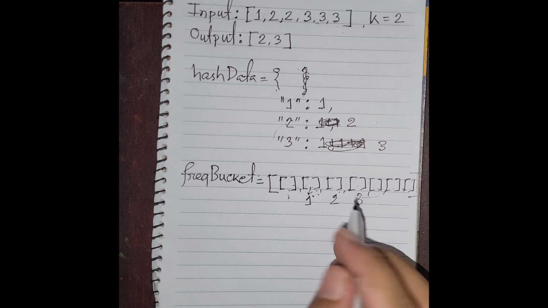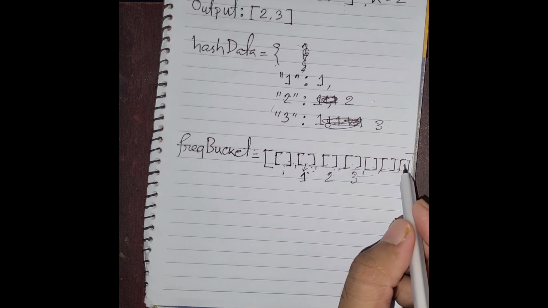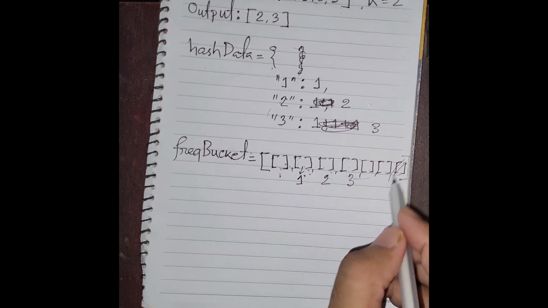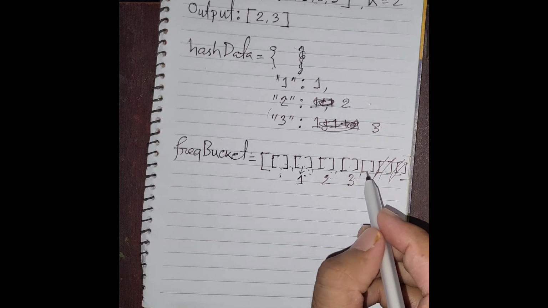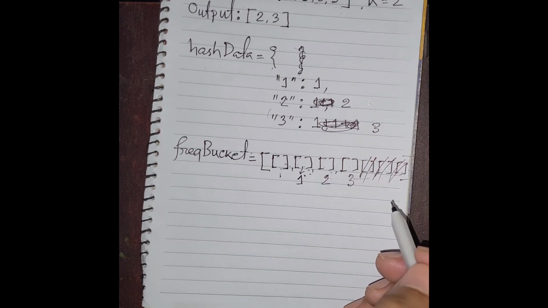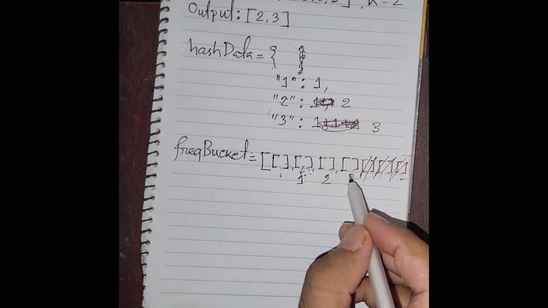Let's say we loop through this from the end. If we have any empty array, we don't care, we ignore it. I come to the next one, it's empty, I ignore it. The next one, I ignore it, it's empty. Okay, I come to this one, looks like I have some values.